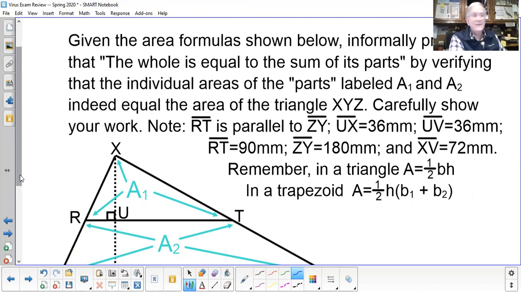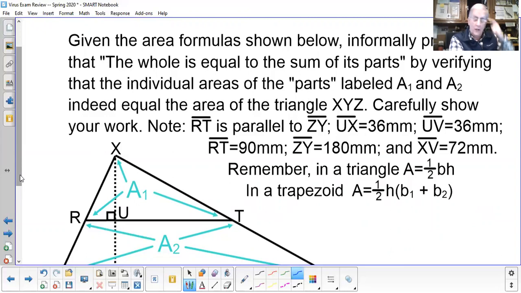So in this particular problem, we're given the area formulas that are shown here, and we're going to informally prove that the whole is equal to the sum of the parts by verifying that the individual areas of the parts labeled A1 and A2 indeed equal the area of the large triangle XYZ.